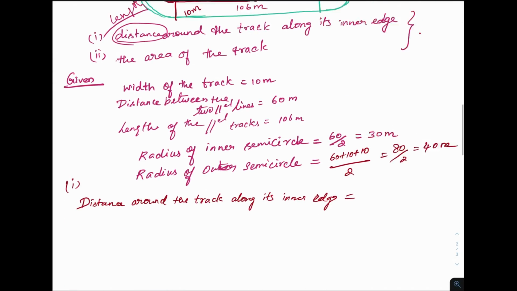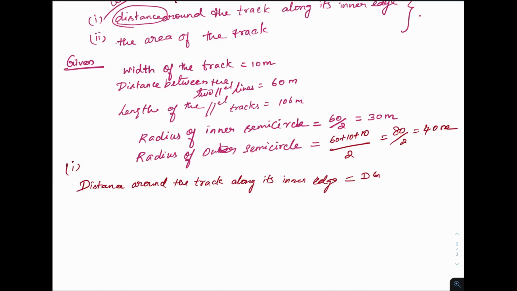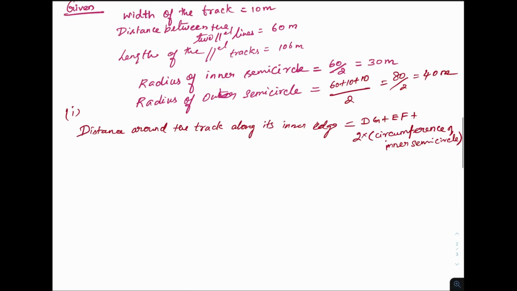So what is the distance? Here we have marked as D. So DG plus EF plus 2 into circumference of inner semicircle. So this is the circumference.